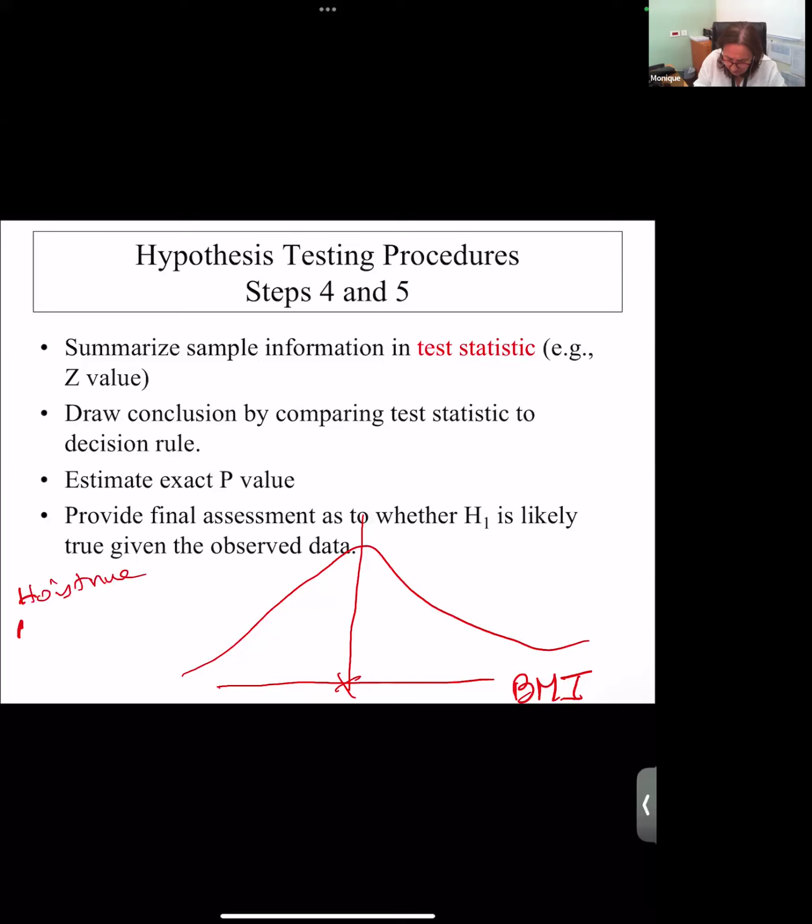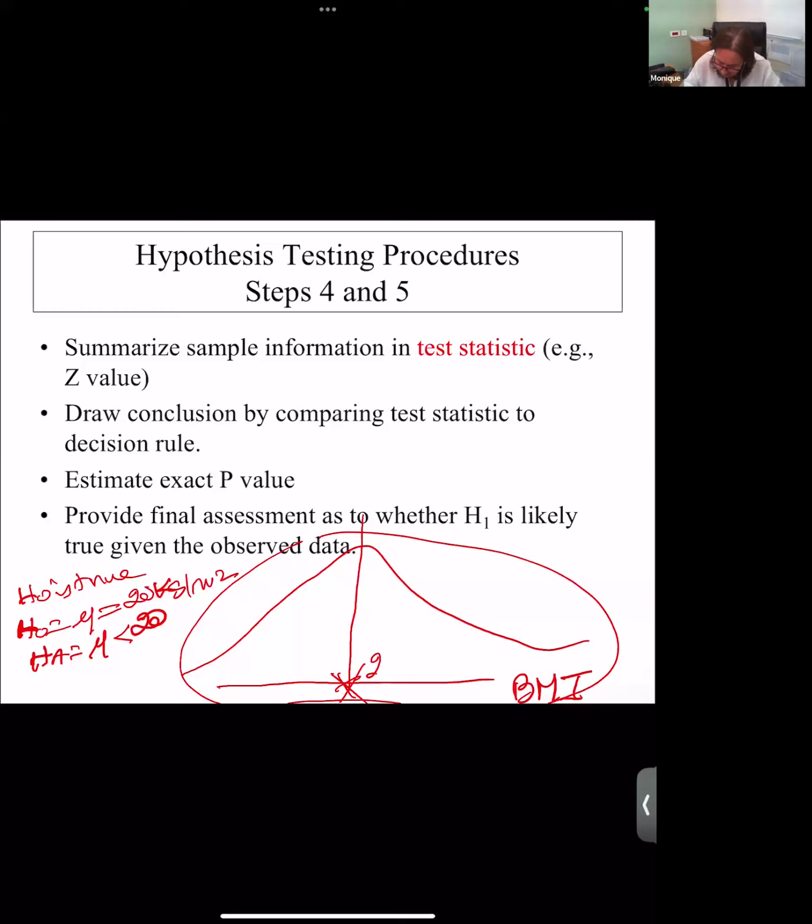H0 is mu equal to 20 kilograms per meter square, and HA says the students are lean, so it's less than 20. If H0 is true, you expect that your population of students belongs to this distribution, with a mean of 20.